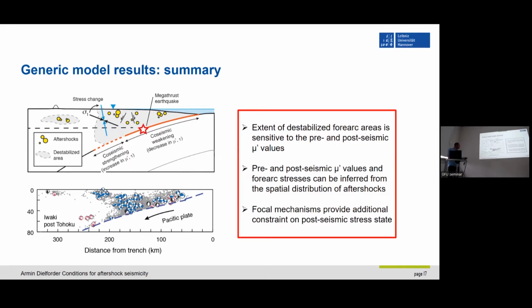And we do so, and this is an approach that we apply to Japan. And what we have as additional information are the focal mechanisms that indicate the state of stress in the forearc. And of course, our models must agree with the state of stress that is indicated by the focal mechanisms.